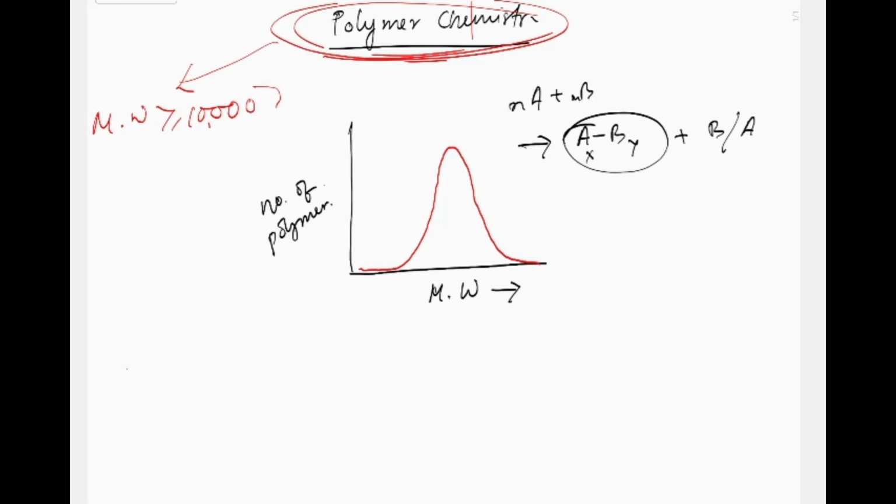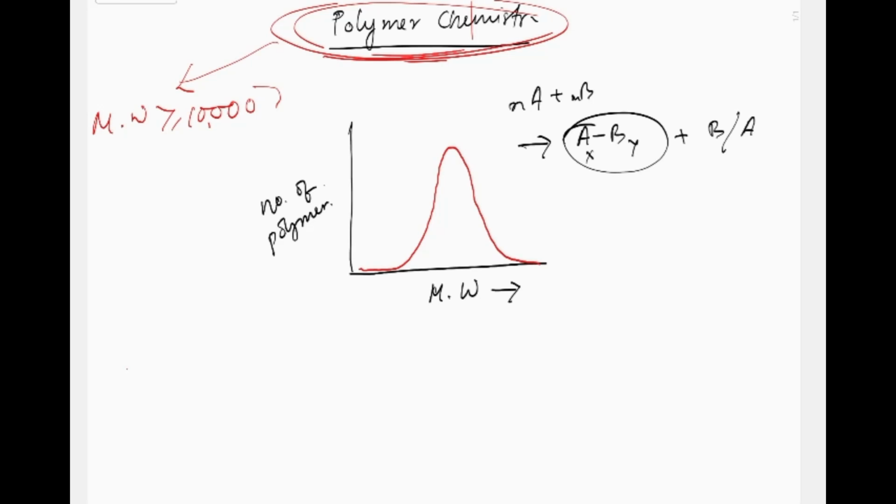So the higher molecular weight polymer probability is getting reduced, right? So this is one of the factors that determines the distribution of the polymer molecular weight. So the probability of reaction goes down with time. So the number of polymers having higher molecular weight is also decreased. In the beginning also, the lower molecular weight polymers are also in less probability.